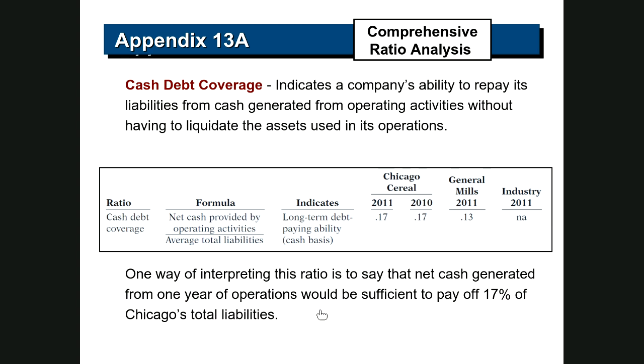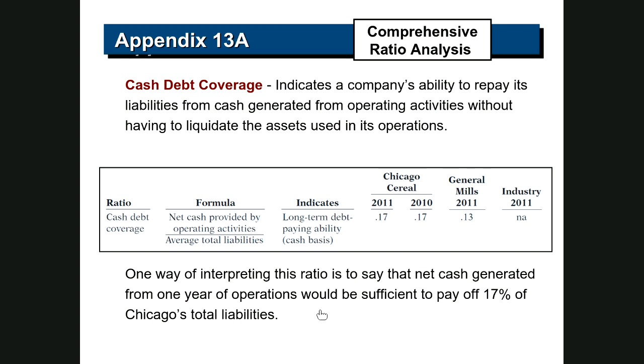So you can see the average liability is very close to the current total liability, right? Okay. So what does this tell us? What does this tell us? 0.17. We can only pay 17% of the total liabilities with the cash that we have from operations.